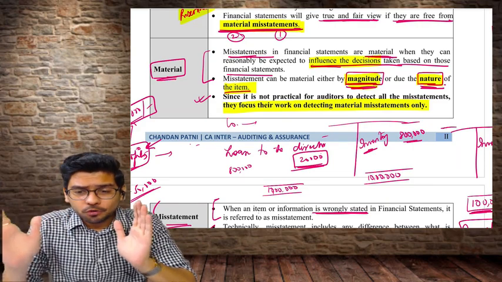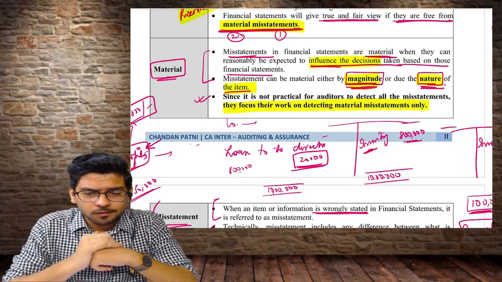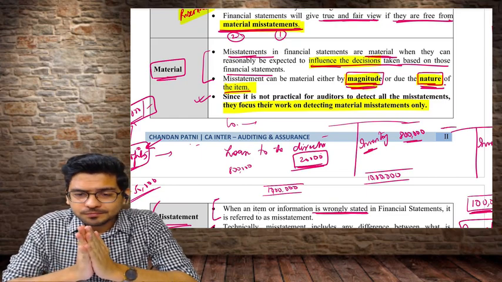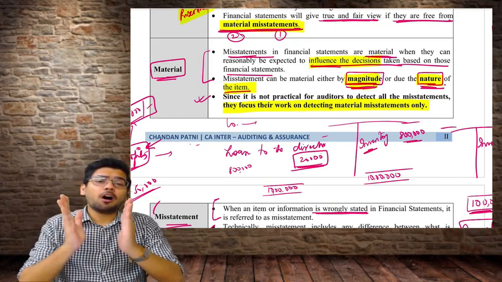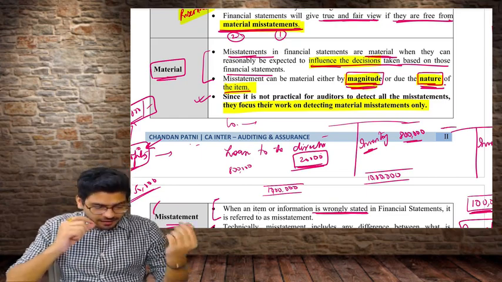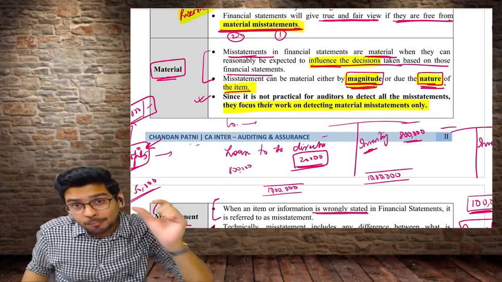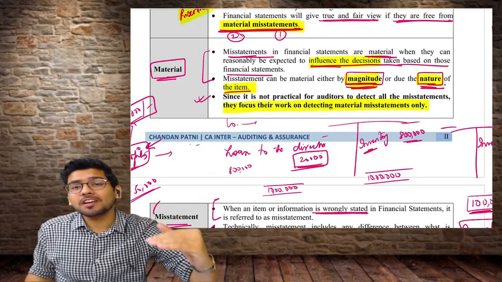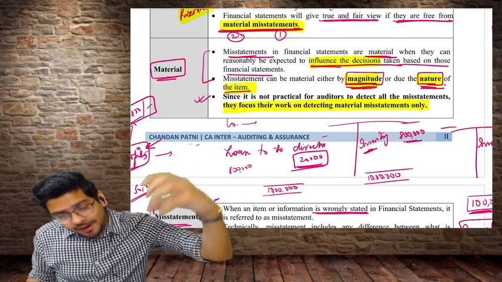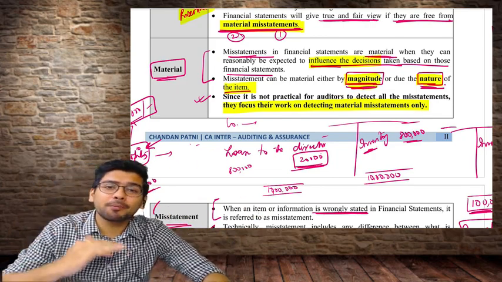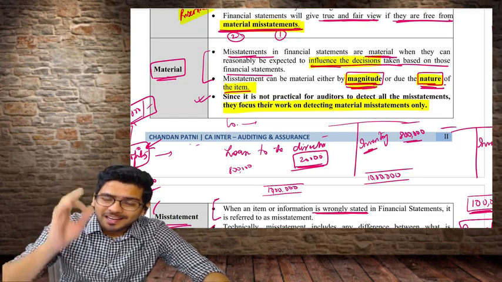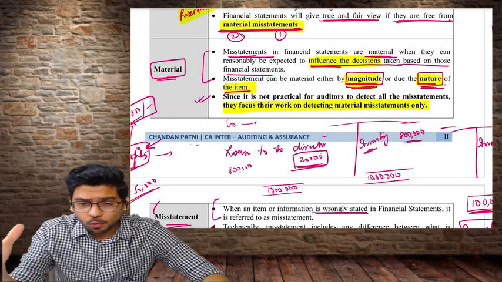Is this clear to you or not? Yes sir. Okay, all right. Now can I say it in this way: if the financials of an organization prepared by the management are free from material misstatements, can I say that the financials are giving a true and fair view?